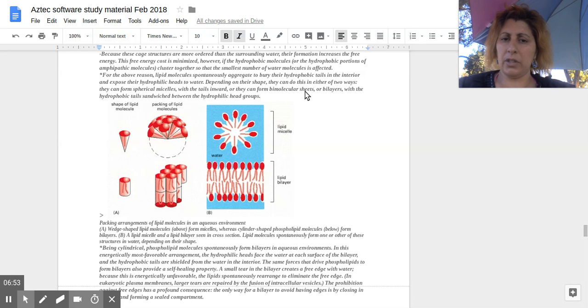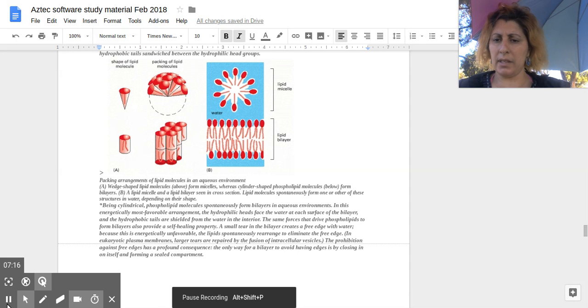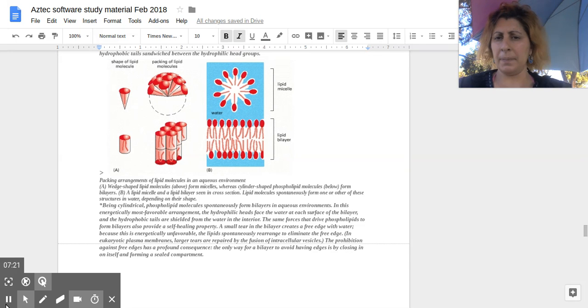The bimolecular sheets or bilayers may form like a sandwich shape. In this case, a bilayer, with the nonpolar ends interacting with one another and the hydrophilic ends being exposed to where the water is. So bilayers are formed spontaneously due to the cylindrical shape of the phospholipid molecules.